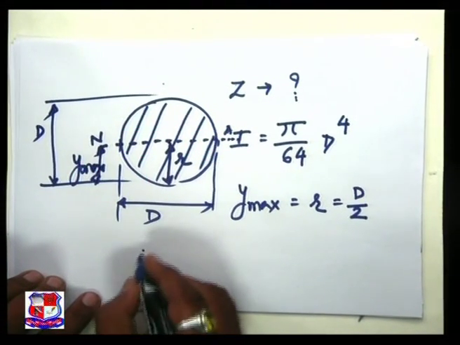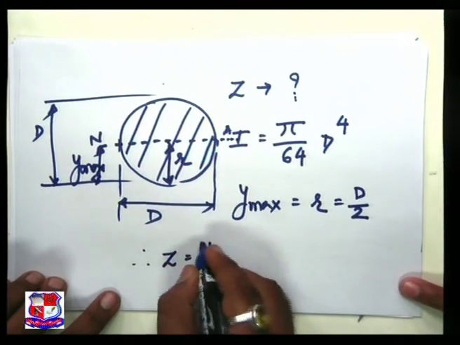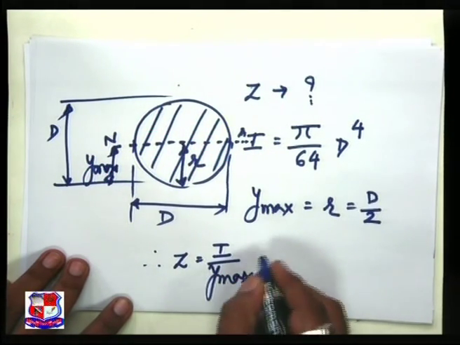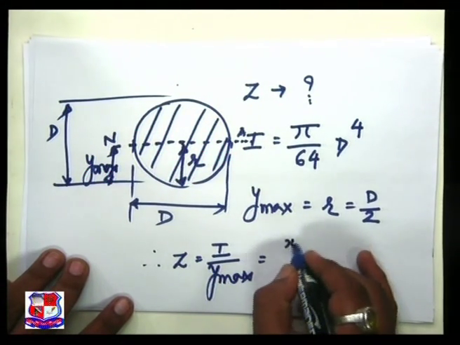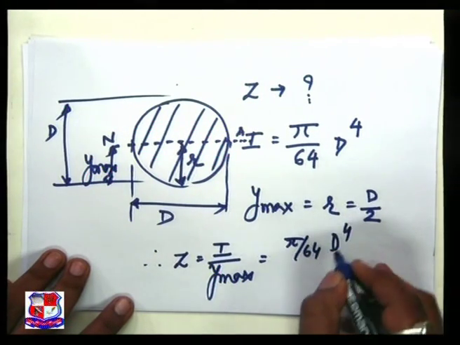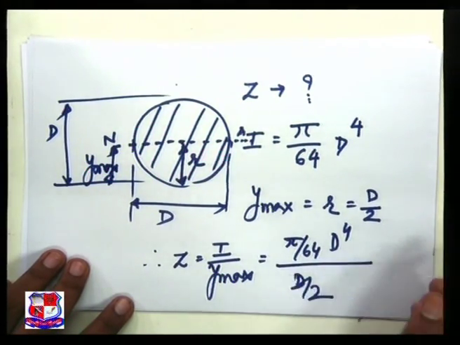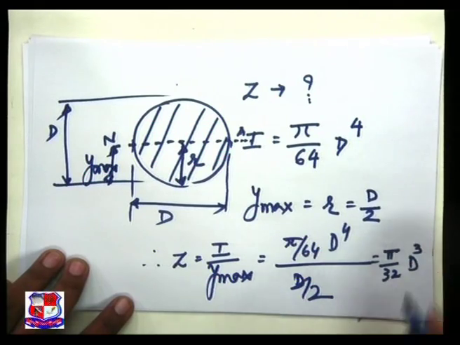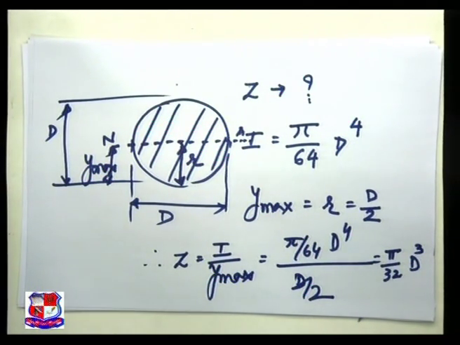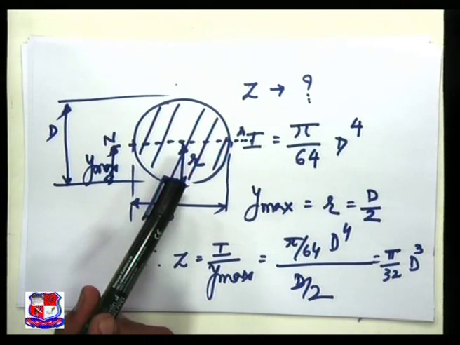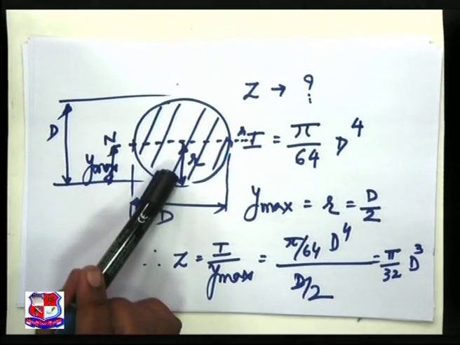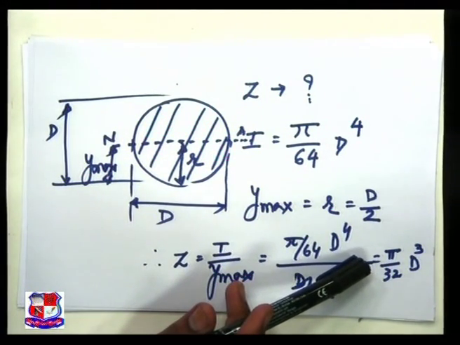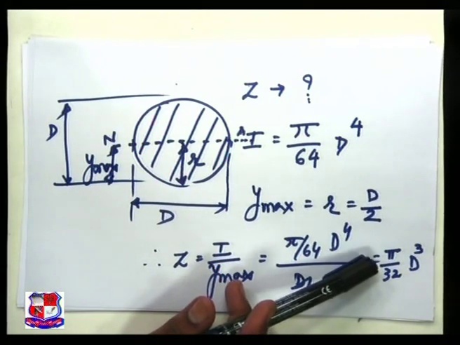So, let us transfer it to Z. I by Ymax is equal to pi by 64 d raised to 4 divided by d by 2. We achieve pi by 32 d cube. So, for a given solid circular section, the equation for section modulus is pi by 32 d cube.